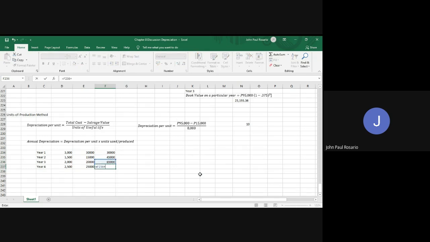However, if we depreciate our computer system by 25,000 on year 4, our accumulated depreciation or total depreciation will exceed our total depreciable value by 10,000.